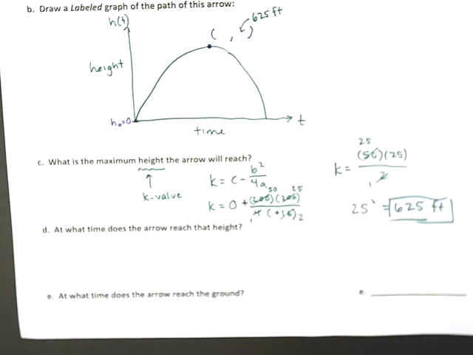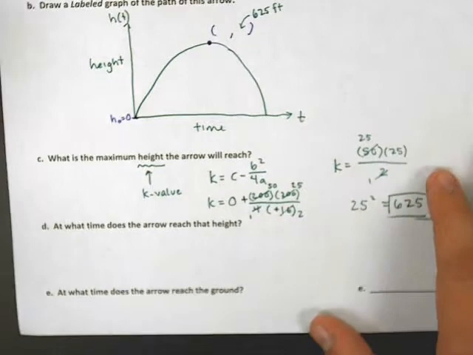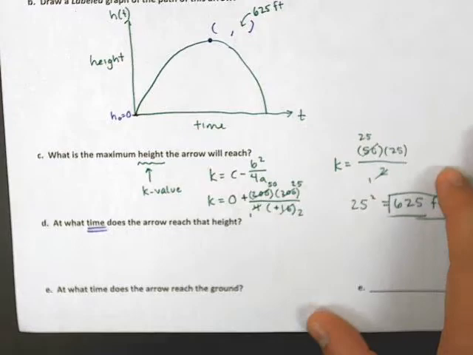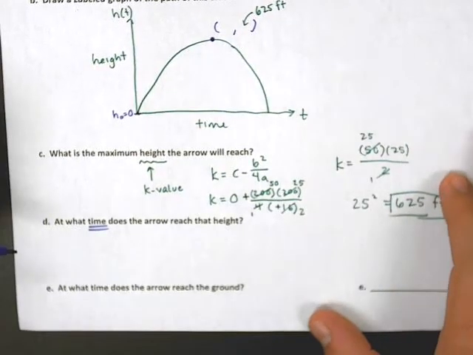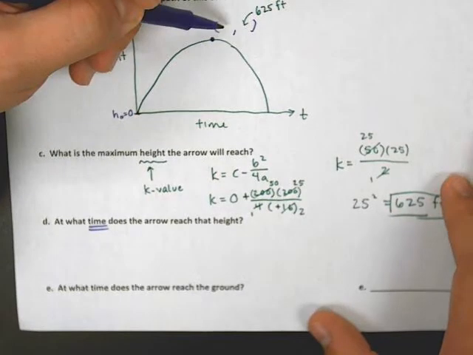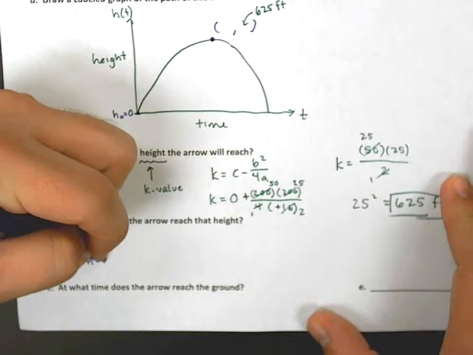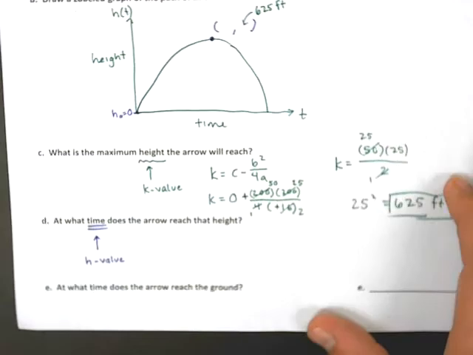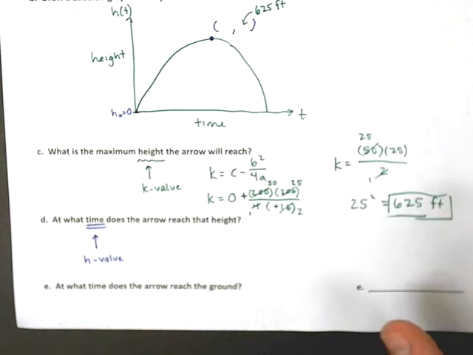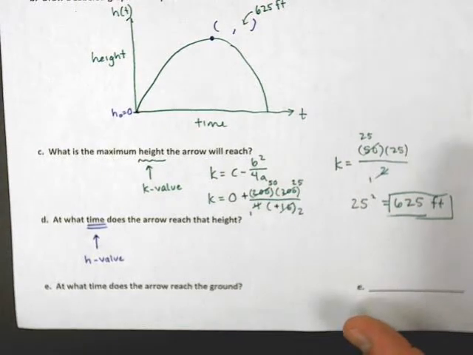At what time does the arrow reach that height? Well, now we know time is an x value. So we're looking for the x coordinate of our maximum height. So we need the h value, which is the x coordinate of our maximum. And how do we do that?